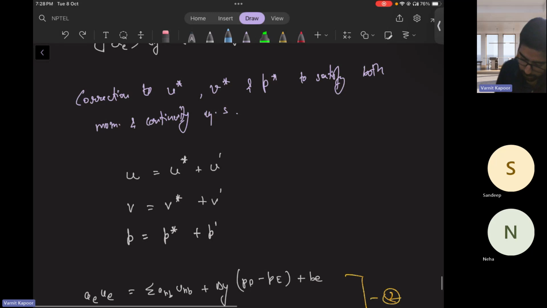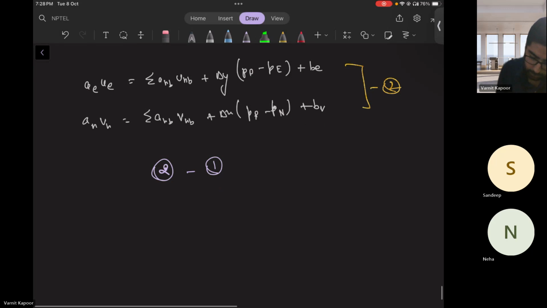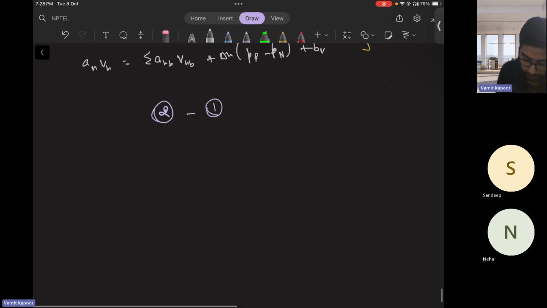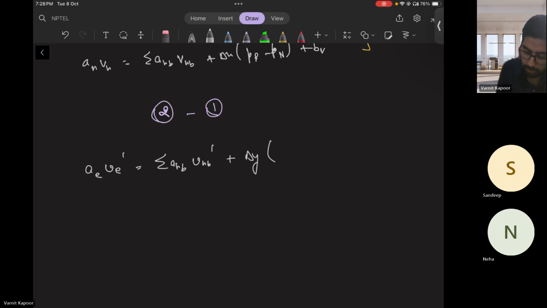U dash is U minus U star. Same thing I'm writing here. So it will be AE UE dash equal to summation of ANB UNB dash plus delta Y times (PP dash minus PE dash).